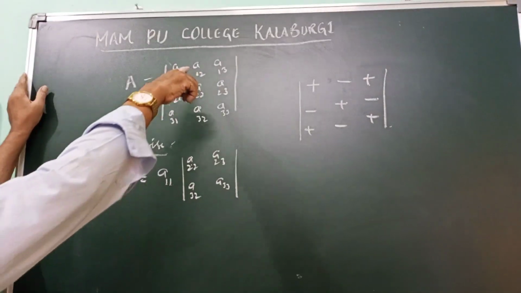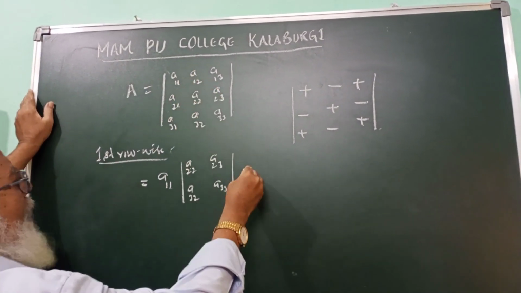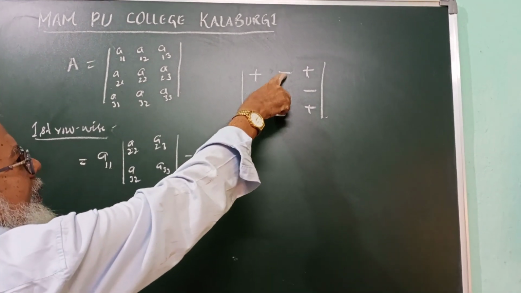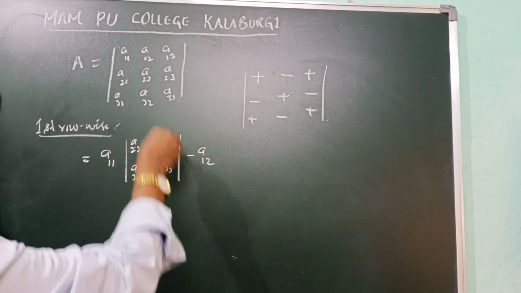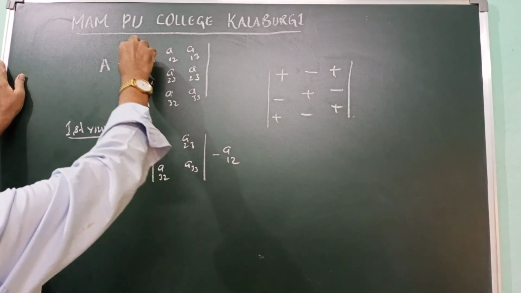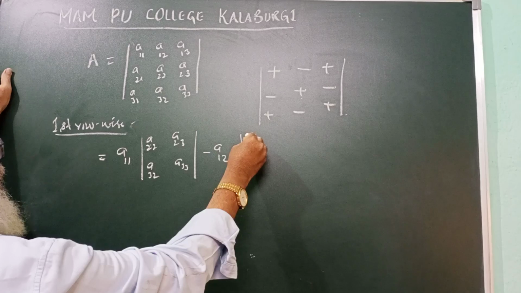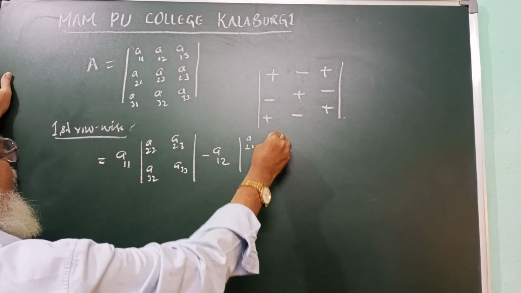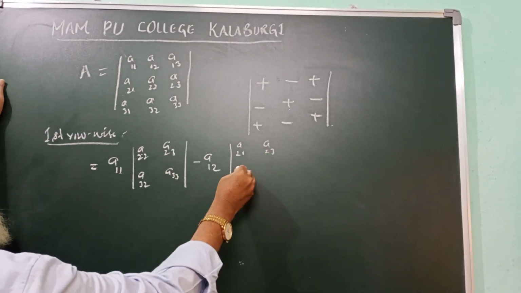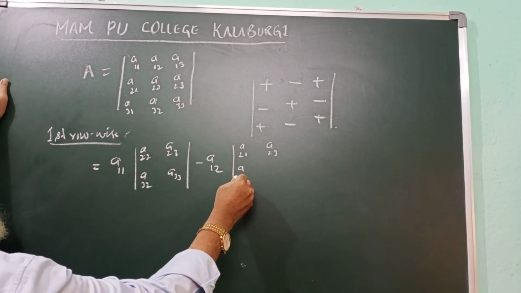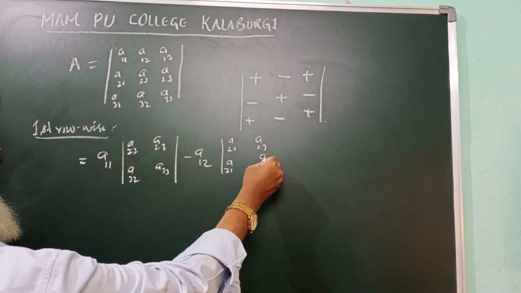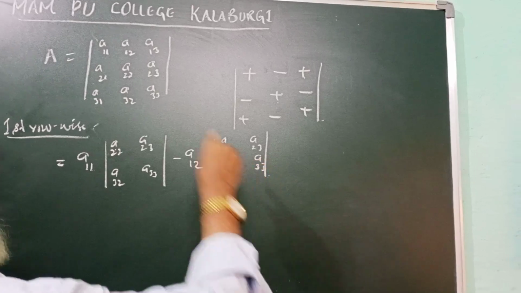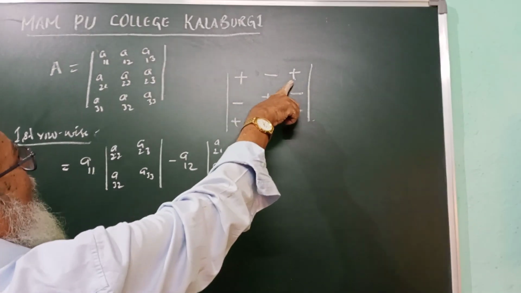Then, because we are expanding first row wise, the second element will be A12, but the minus sign should be taken with this. Again delete the column, delete the row, and write down the remaining elements in the proper order: A21, A23, A31, A33.